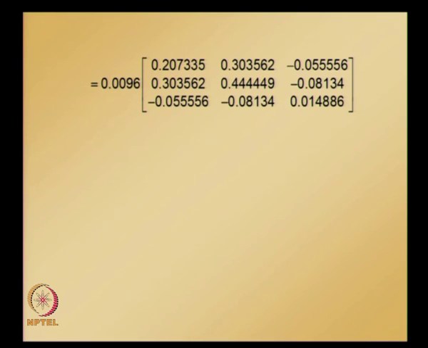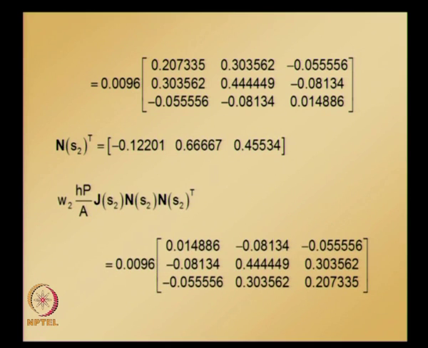Now, the shape function vector at the second integration point, and the integrand at the second integration point multiplied by weight at the second integration point, is equal to this one.